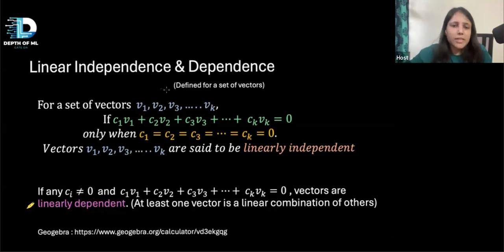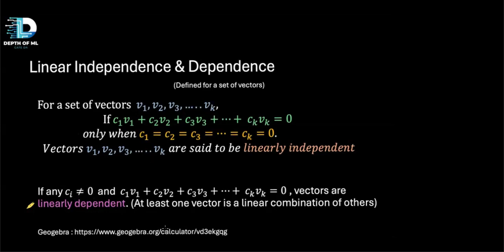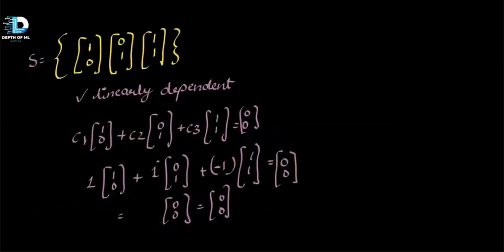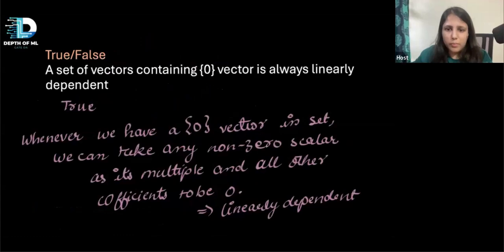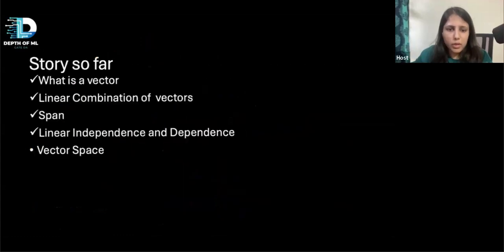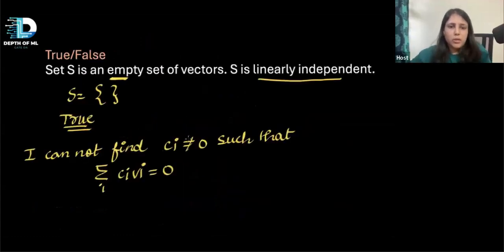That's why the set is linearly independent. Make sense? Yes, ma'am. Okay. Fine. So I cannot find a Ci not equal to zero such that the equation holds, and that's why S is linearly independent.